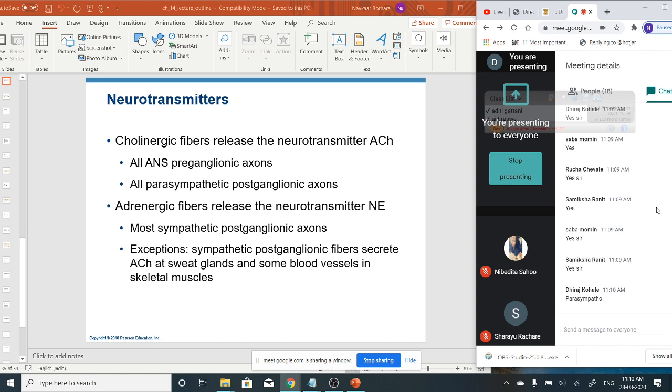Parasympathomimetics and or cholinomimetics. Okay, so that means parasympathomimetics and cholinomimetics are same, or the adrenomimetics and sympathomimetics are same. ठीक है.